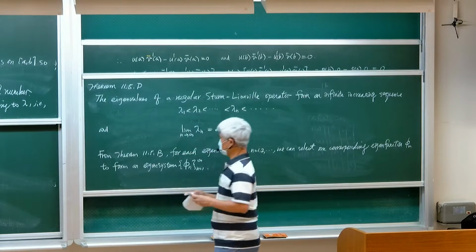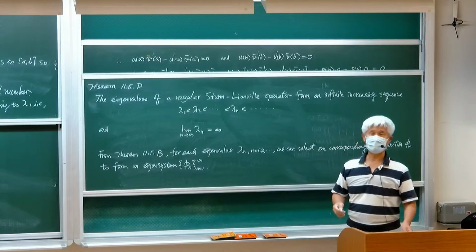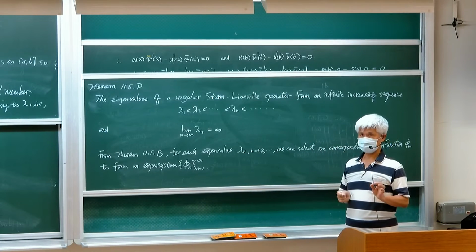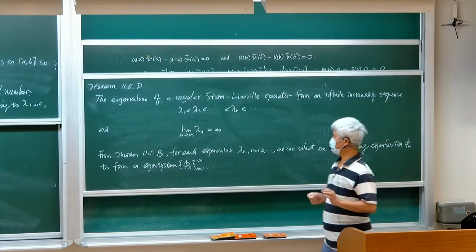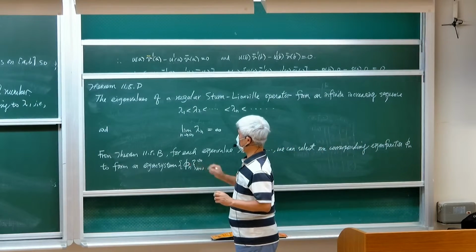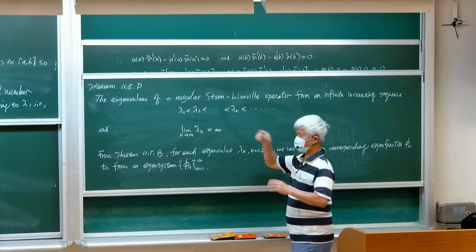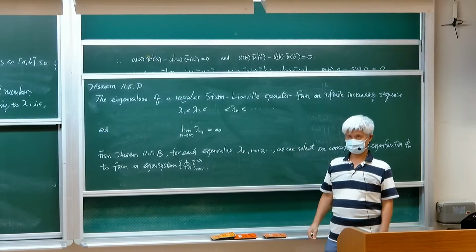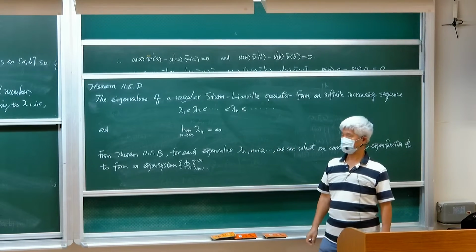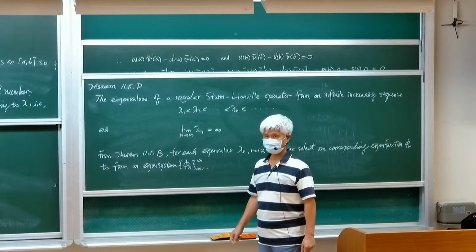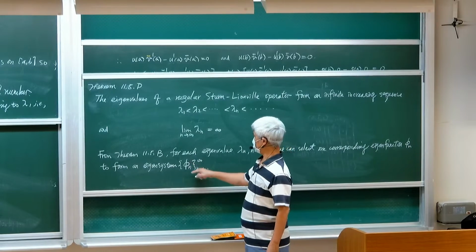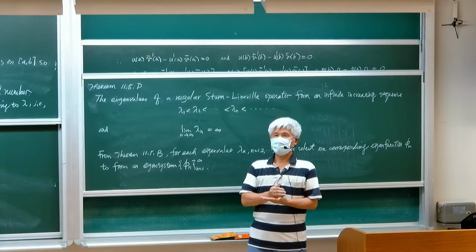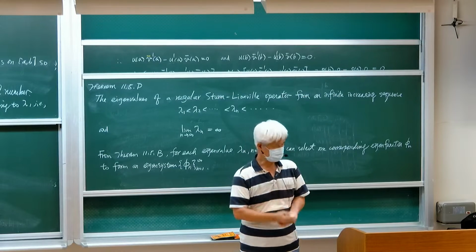An eigensystem consists of eigenfunctions, and each of them is associated with different eigenvalues. This eigensystem consists of infinitely many functions.